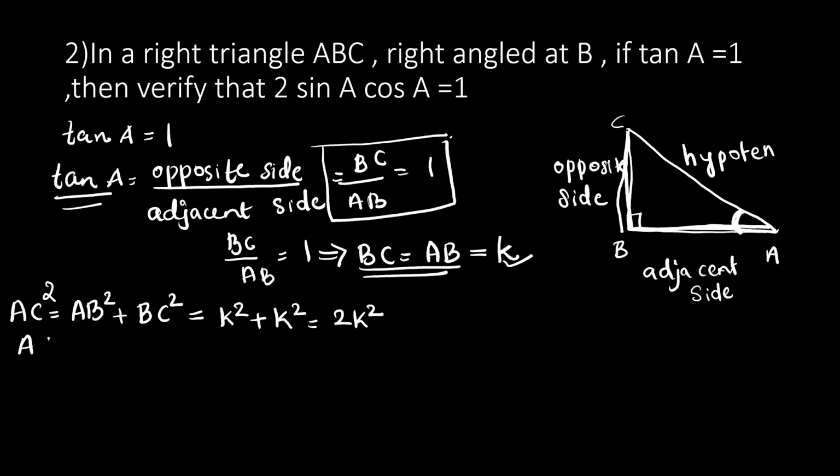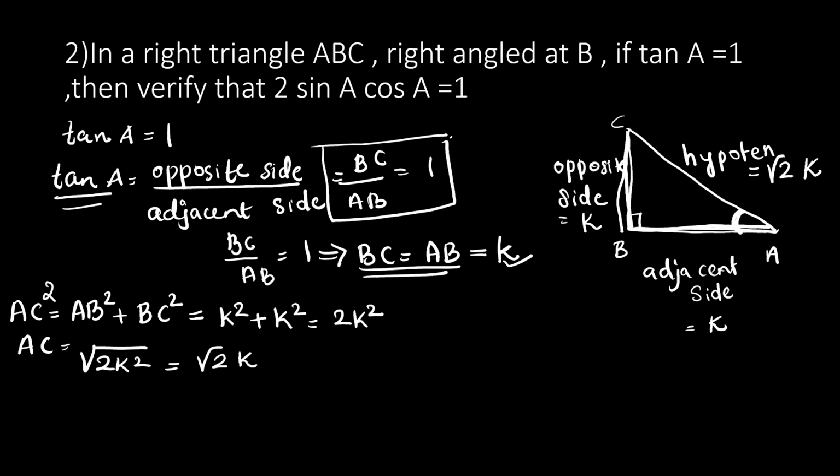Now if AC square equal to 2K square, then AC is root of 2K square, that is equal to root 2 into K. Now we got this side is K, this side is K and the hypotenuse is root 2K.